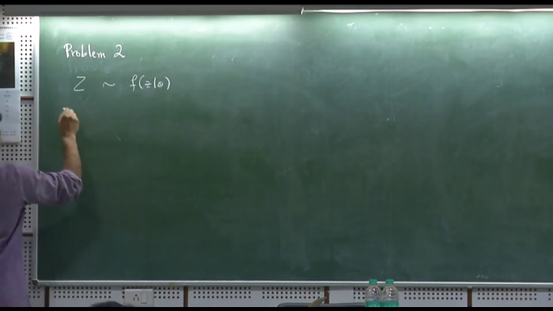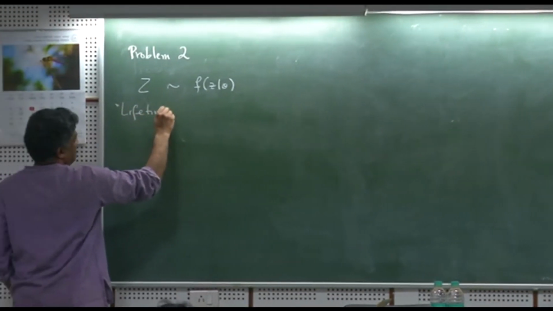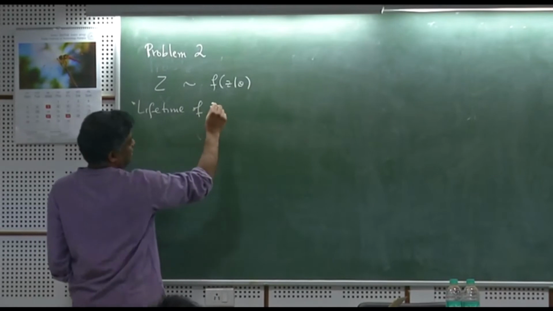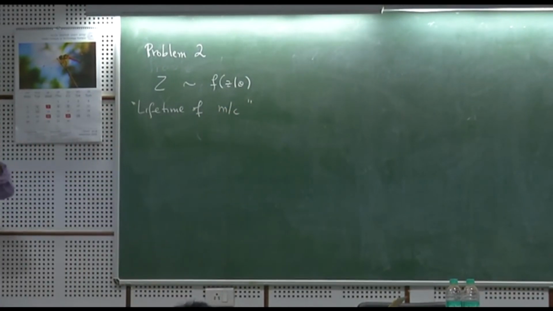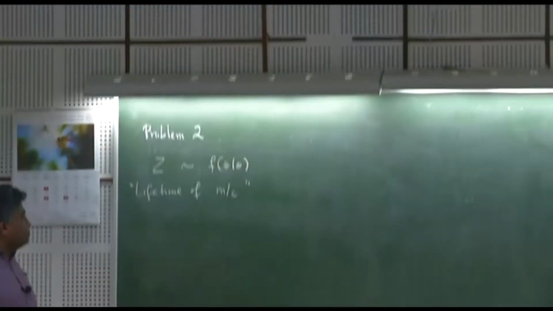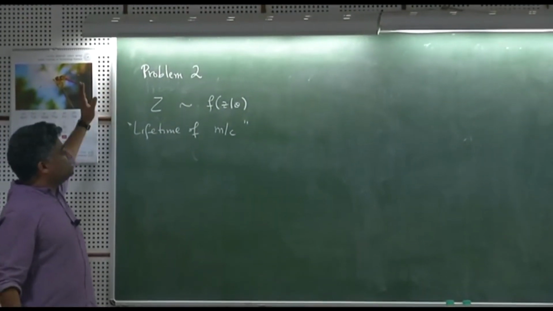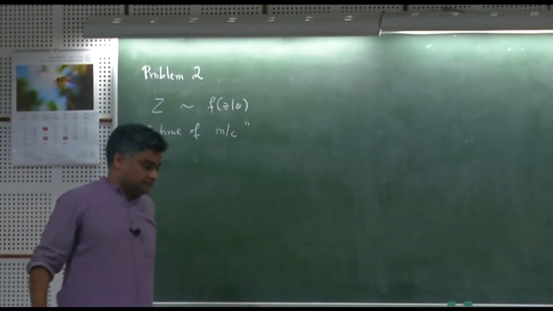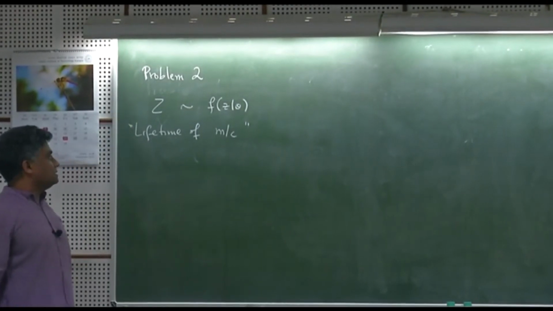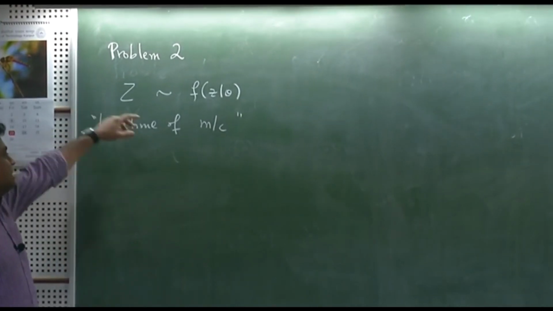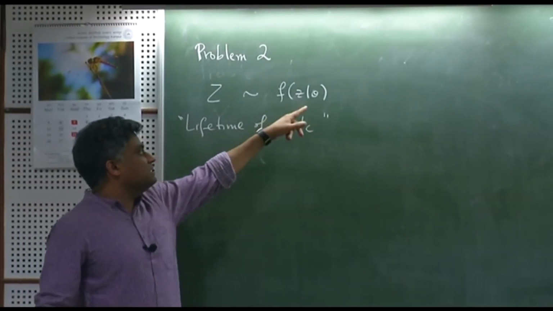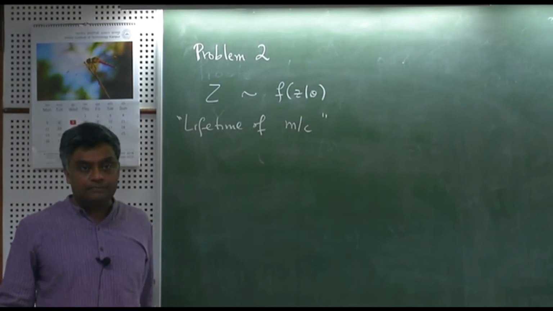And I'm pretending that this is the lifetime of something, let's say maybe the lifetime of a machine. So you turn the machine on, and the machine crashes with that density. So the probability that it will crash at point z at some time in the future is given by f of z given theta.